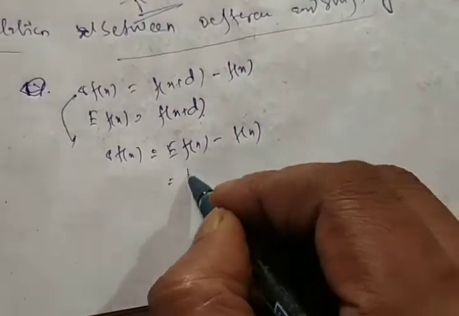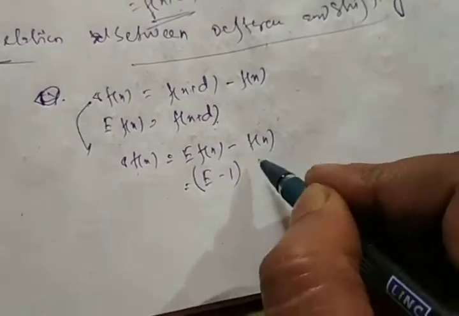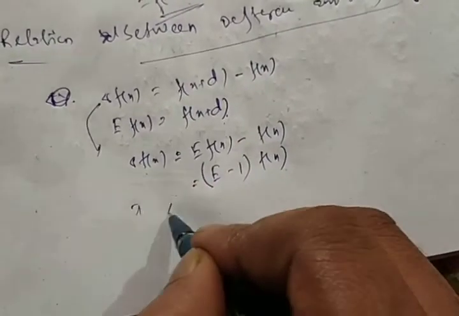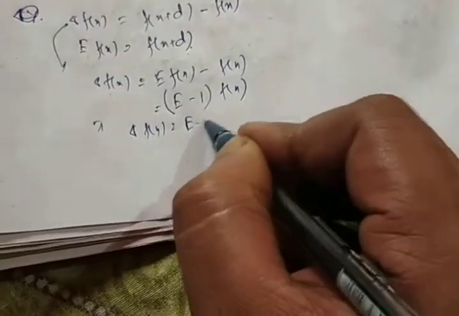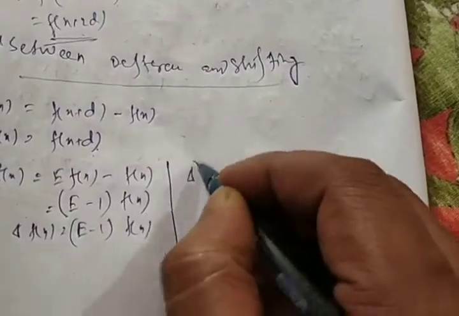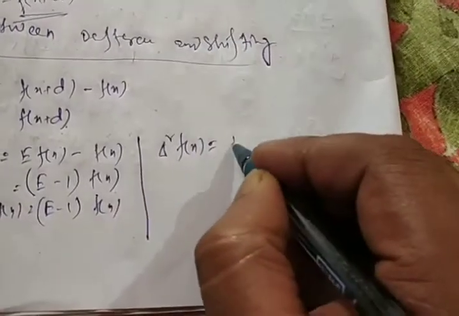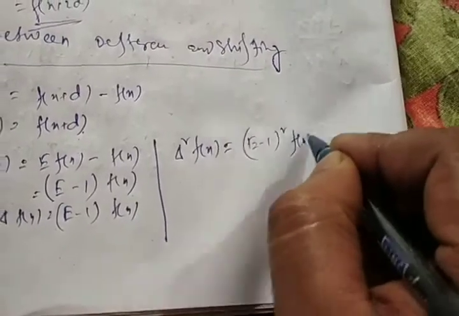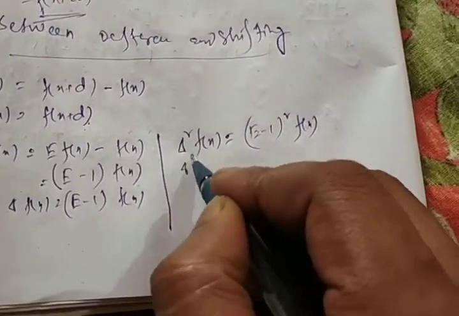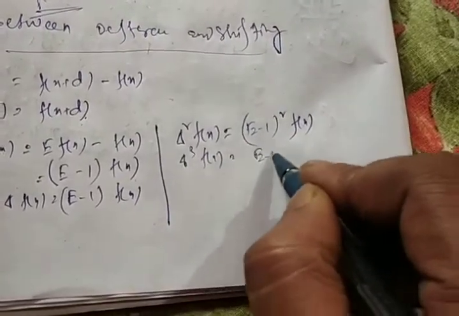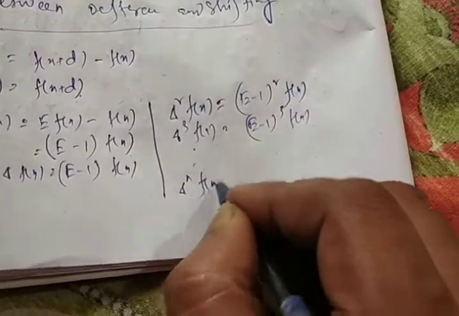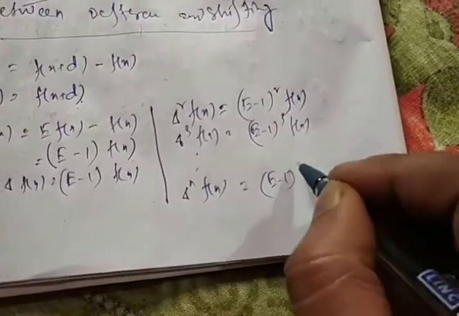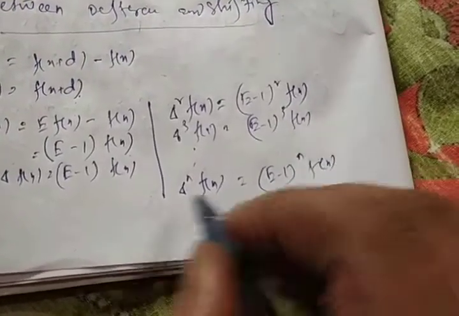If we take f x common, we get E minus 1 times f x. So delta of f x equals E minus 1 of f x. In a similar way, we can find delta square f x equals E minus 1 whole square f x, delta cube f x equals E minus 1 whole cube f x, up to the nth difference, delta to the power n f x.